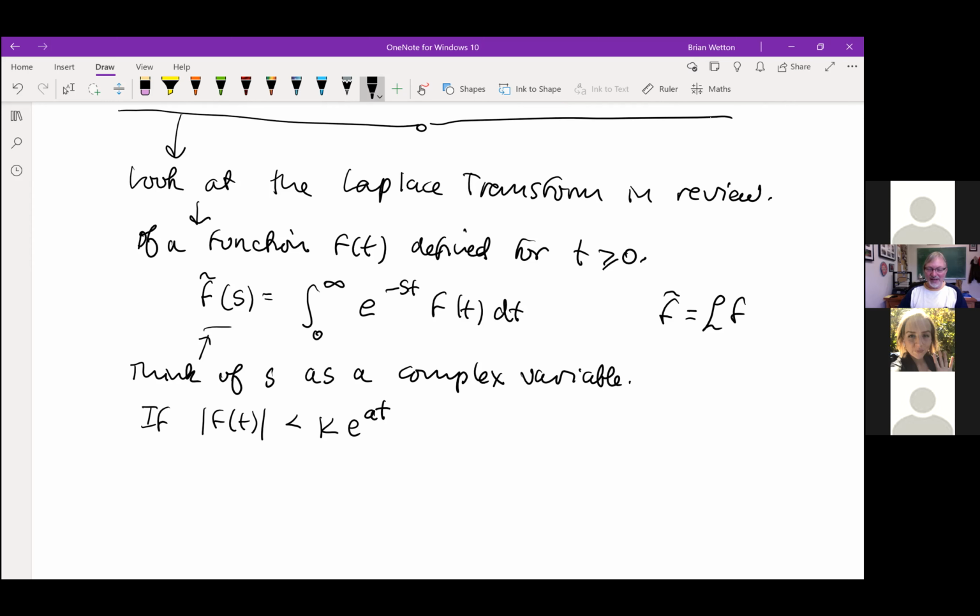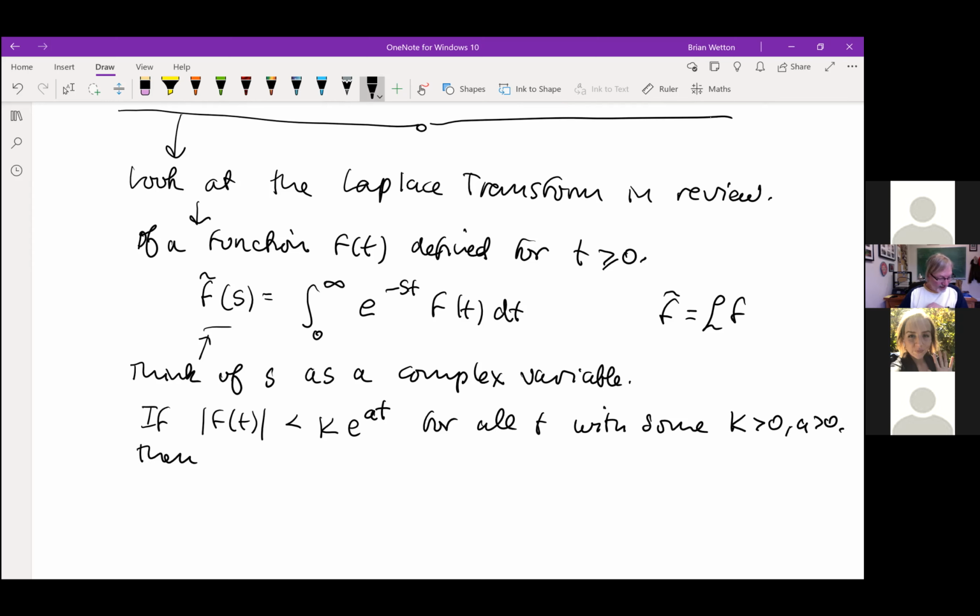And all I'm saying is that's as much as it can be. It can be some fixed exponential growth, but no more than that. So this is for all t with some fixed positive constant.